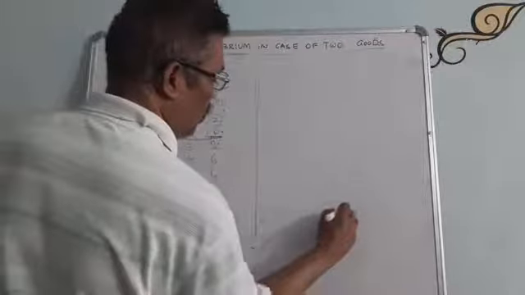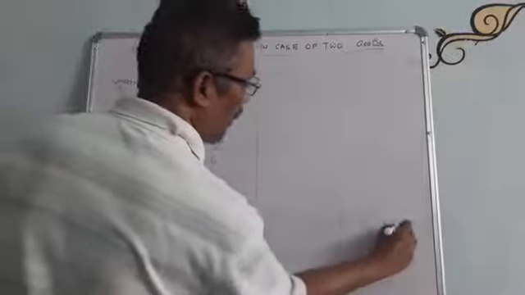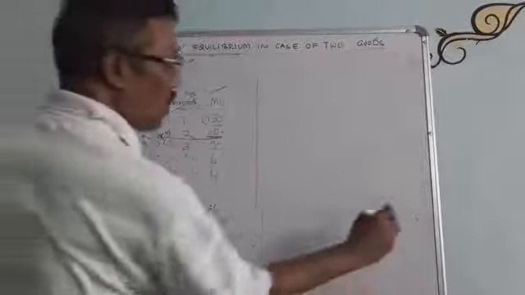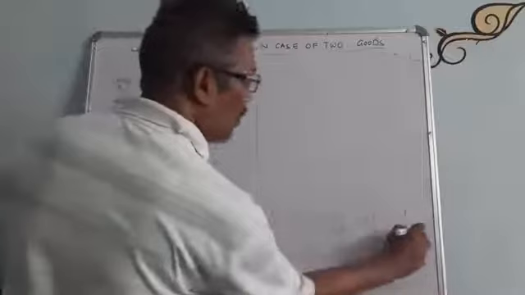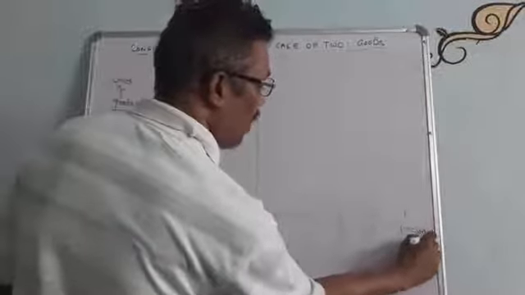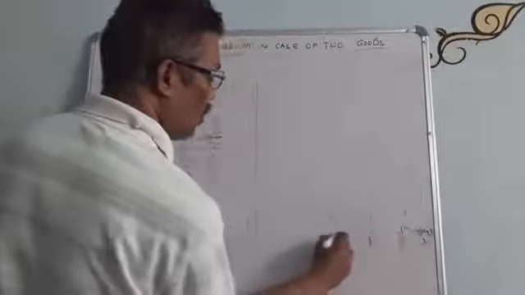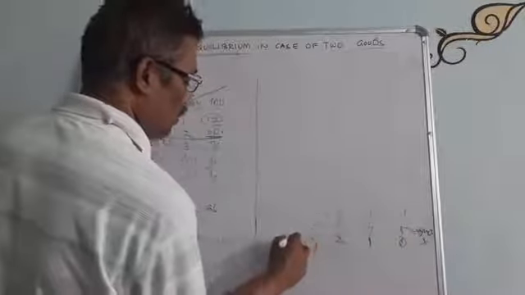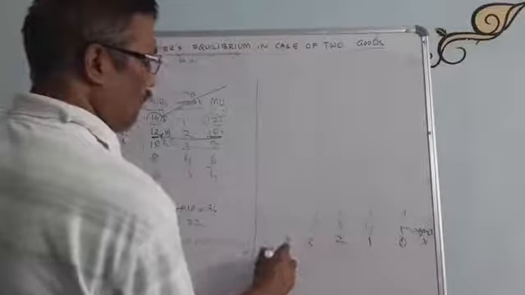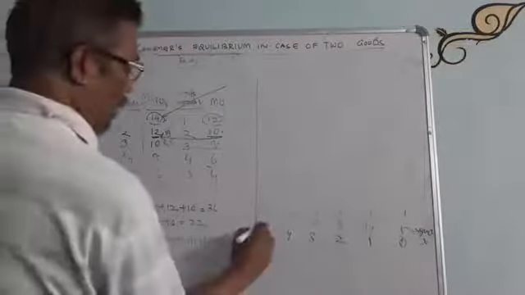One, two, three, four, five is the goods X. 0, 1, 2, 3, 4 and 5.